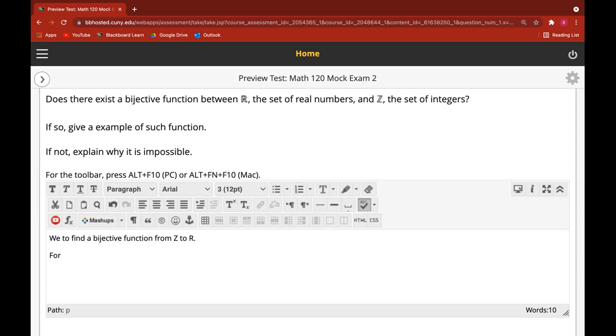Now, we know for every bijective function f from A to B, the cardinality of A needs to equal the cardinality of B. Here it's actually from the set R to the set Z. Now, is the cardinality of R and Z the same? They are not, right? How do we know they are not the same?